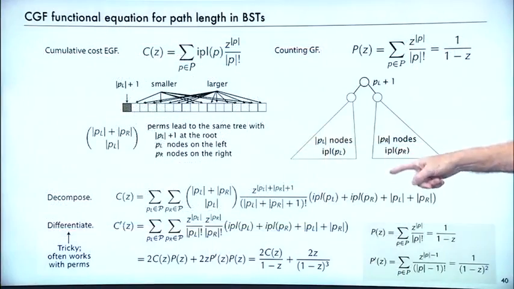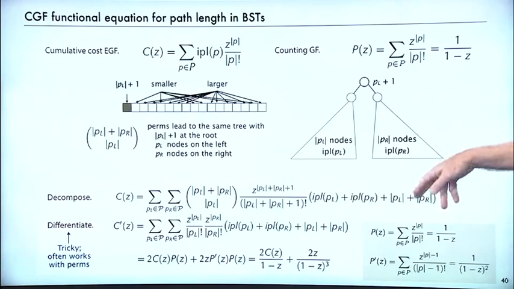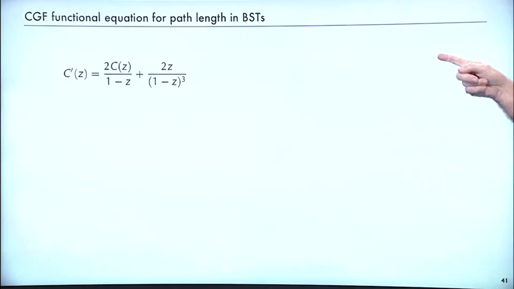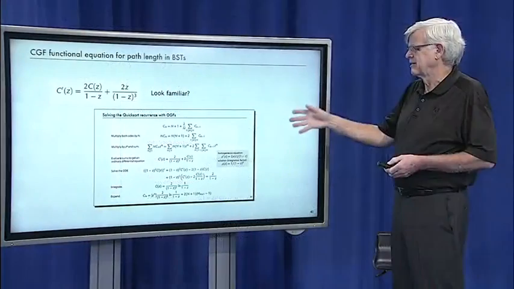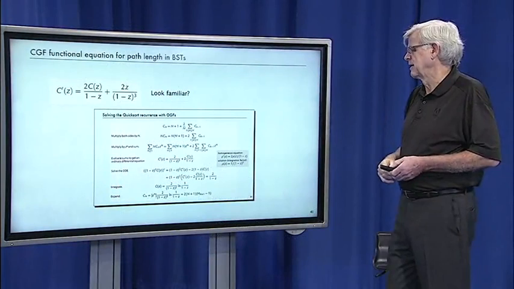And again, solving for C of z and substituting in for P of z gives a very simple equation. Recognize that equation. We saw that in the first lecture, actually. That's the equation that came up with solving the quicksort recurrence.